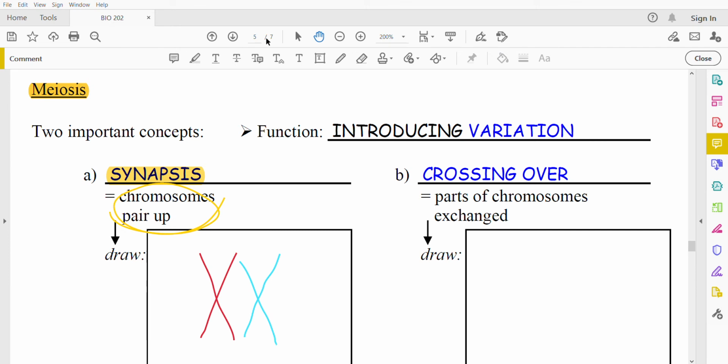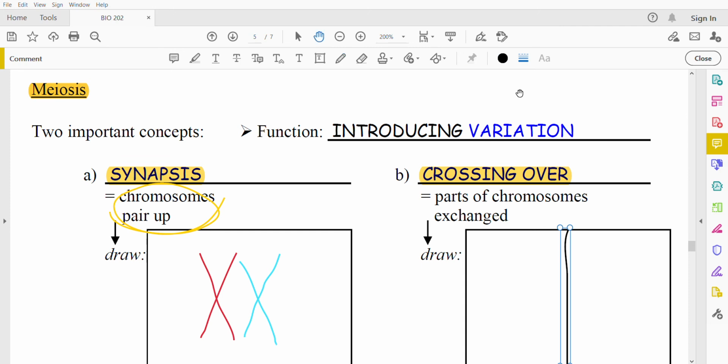Another thing that we see happening during meiosis, and only during meiosis, is a process called crossing over. And let's have a look at what happens in crossing over. To explain it, I'm going to divide this box into two. We're first going to look at what happens initially and what's the end result.